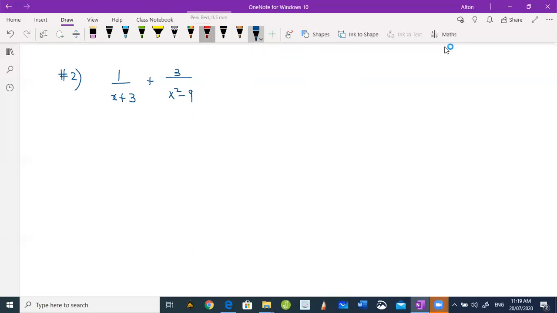This question is reminding us that the denominator can be factorized using our difference of two squares formula, which goes something like this. a squared minus b squared is a plus b multiplied by a minus b. It doesn't matter which factor across here you write first.